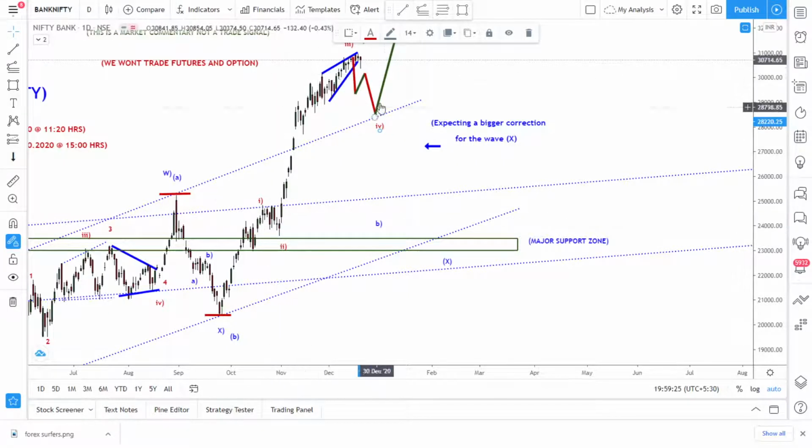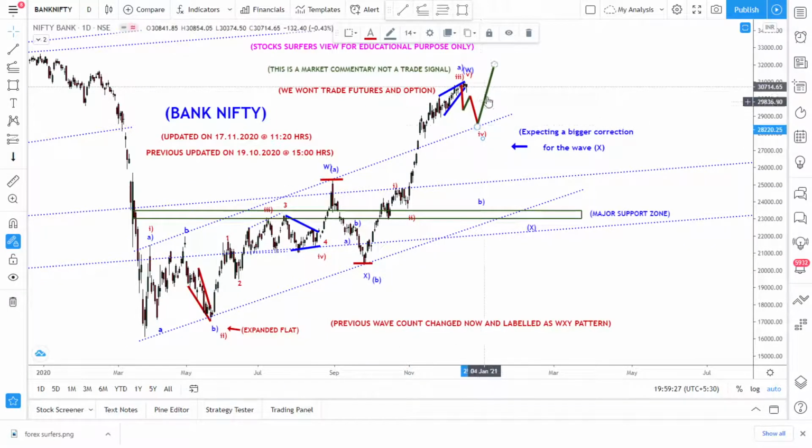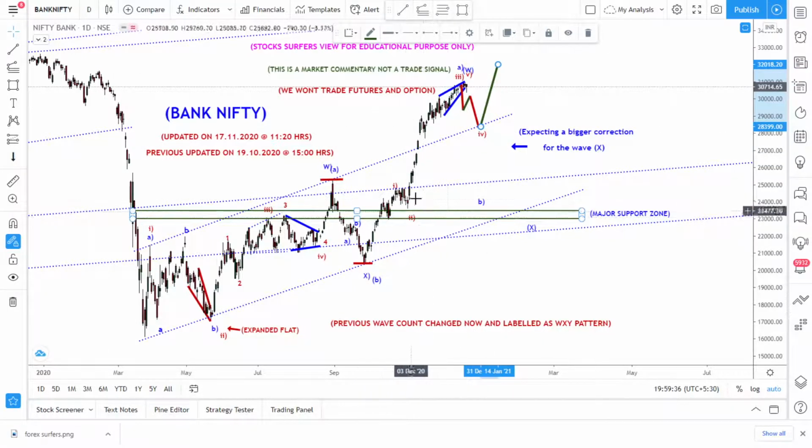So the fourth wave may be a little bit complicated. As I expected, Nifty has to have one more drop for wave 4. That time it could also be wave 4, because Nifty and Bank Nifty look the same, the wedge formation. Whether that is the third wave ended, or it could be the end of the 5 waves also completed. So that is a question mark.